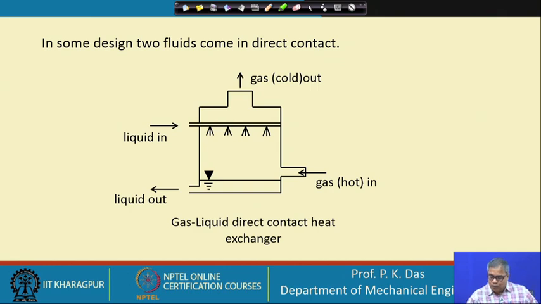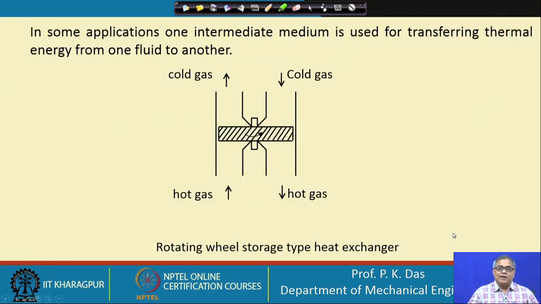Let us move to the third kind, which is again a prime variety of heat exchanger. In some applications, an intermediate medium is used for transferring energy from one fluid to another fluid. What does it mean?